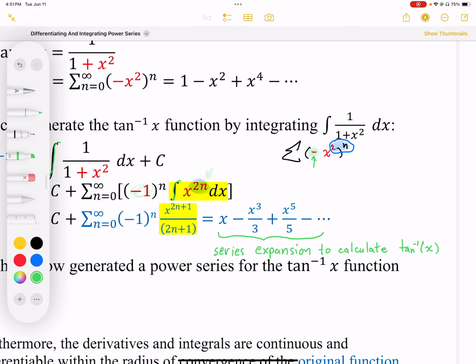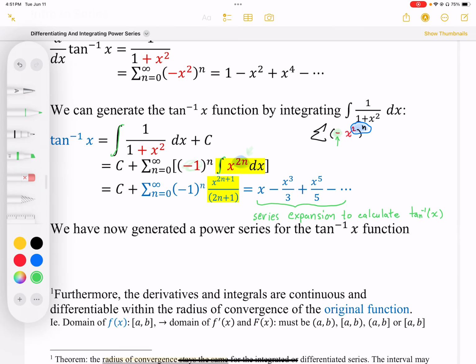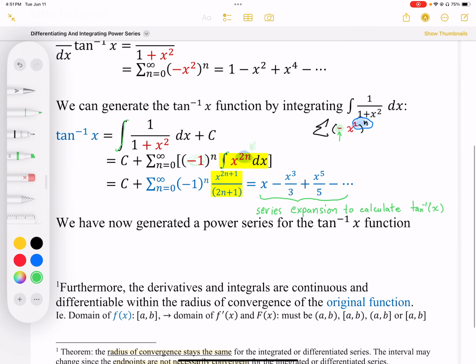So when I expand it, I can use this series. For n equals 0, I get x minus x cubed over 3 plus x to the 5 over 5. This series expansion can be used to calculate the arctan function. The nice thing about this is it is a polynomial series with infinite terms, so I can actually calculate arctan x to any degree of accuracy I want.